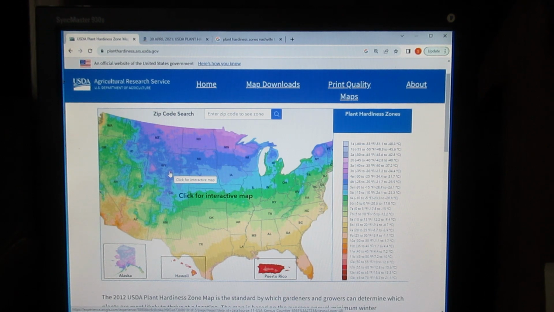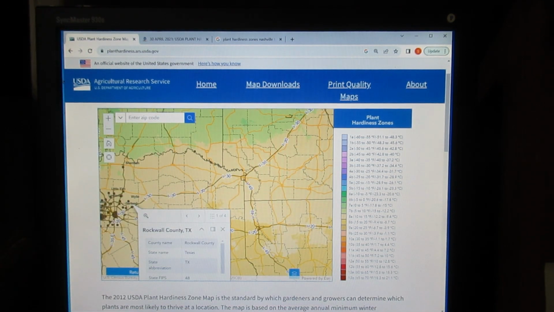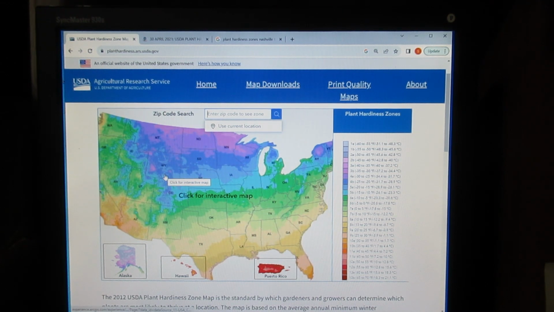But this is an interactive map. It's kind of neat to play with. You can zoom in on smaller places. You can go here and put your zip code in and find it. Lots of fun. This is a fantastic project if you have school kids or college kids who need a project to do.